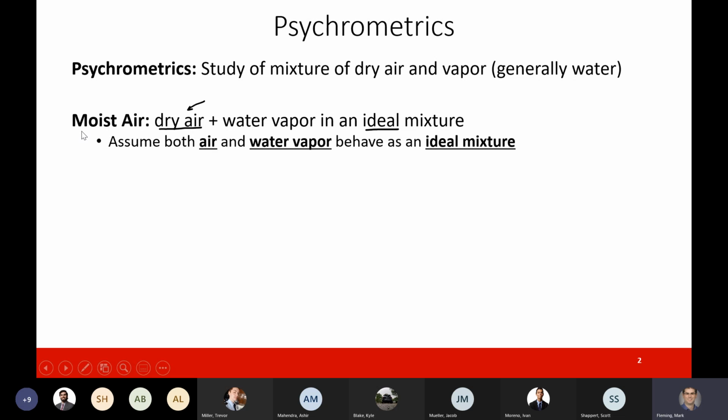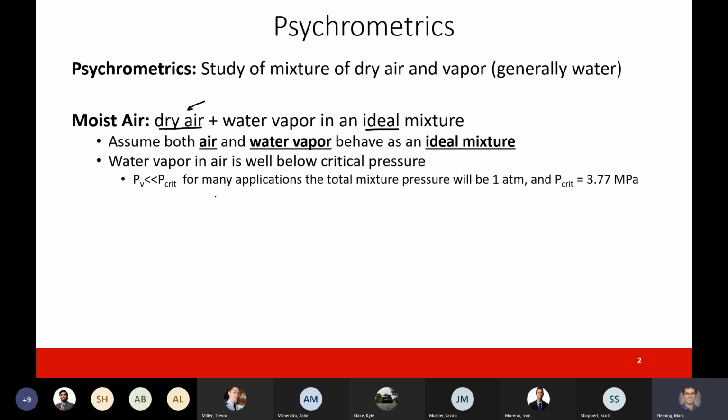If the pressure of the water vapor in the mixture is pretty small, then we can get away with treating it as an ideal gas, because one of the criteria we had was that the pressure of the gas had to be well below its critical point. For water, the critical pressure is about 3.77 megapascal, so a very high critical pressure.